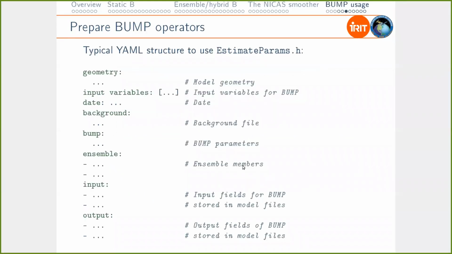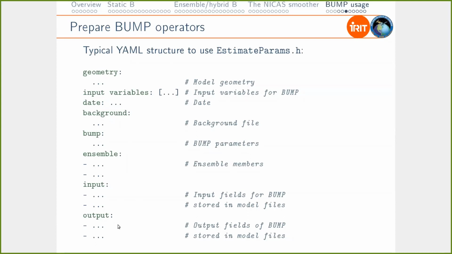It's a typical YAML structure for the BUMP estimation. So we define the geometry, the input variables, the date, the background, the BUMP parameters. We define the ensemble addresses, and also we can have input fields for the BUMP file, for instance, the correlation length scales when we want to define the NICAS operator.